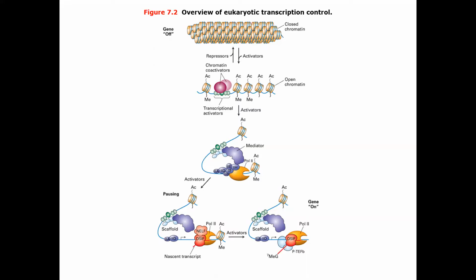Less is there in the elongation stage. There are instances, but primarily it is in the initiation stage. So we will focus primarily on transcription initiation. When we talk about transcriptional control, we talk about transcription initiation.